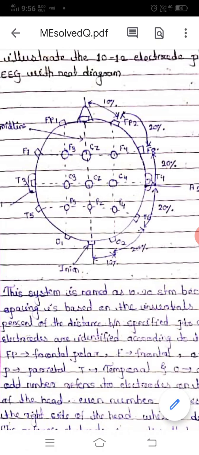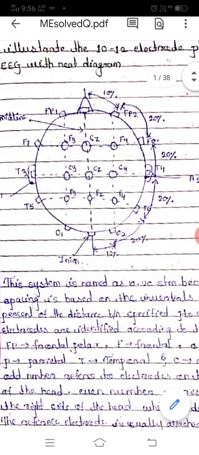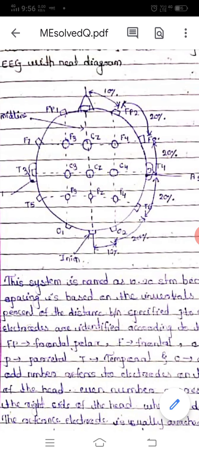Fp means frontal polar, F means frontal, T means temporal, P means parietal, and O means occipital. These are the main notations used in the diagram.